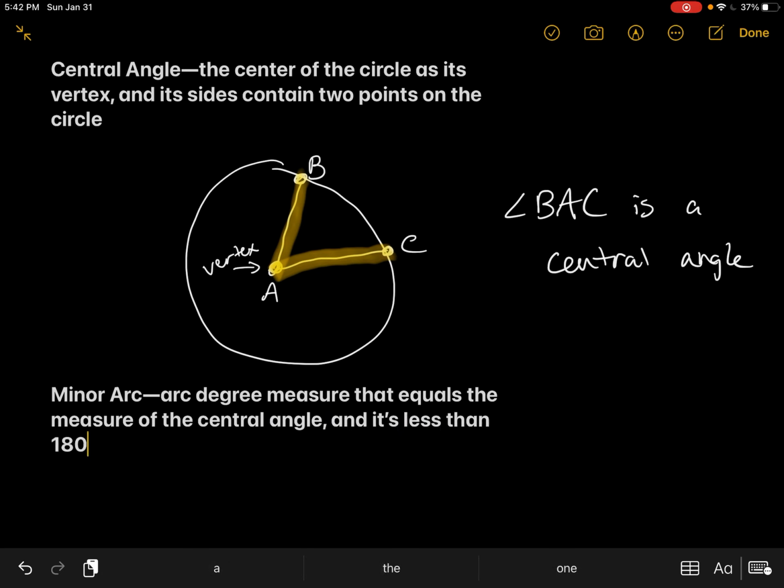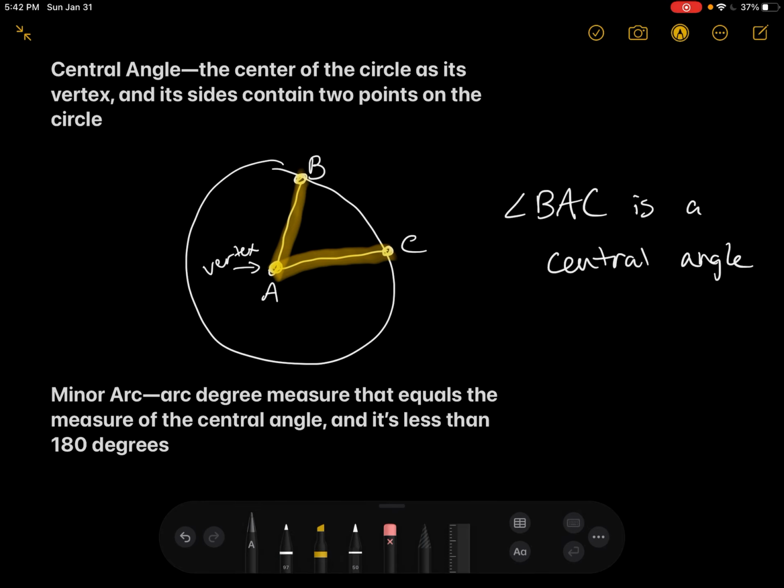And it's less than 180 degrees in this case. So if we look at a minor arc, it has to be less than 180 or less than half of our circle, and its degree measure equals that of the angle that it represents.